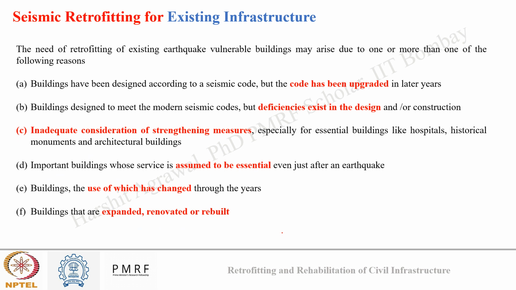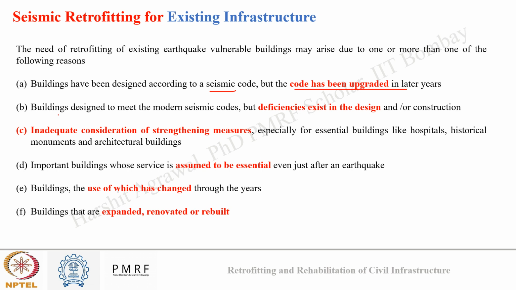In the case of existing infrastructure, the need for retrofitting, or we can say the damage occurrence in infrastructure due to earthquake, may arise due to several reasons. These reasons are: the building has been designed according to a seismic code, but the code has been upgraded, so your building is not safe anymore.